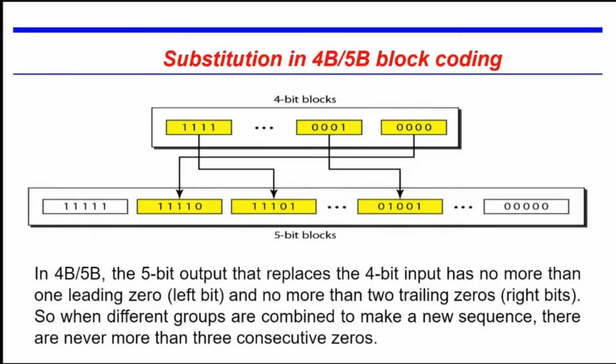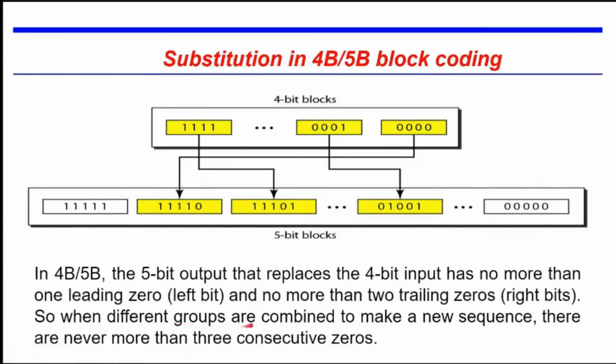So the substitution method in 4B/5B blocks is like this. Already I just explained. This block will be added with another one, an n-bit and an m-bit. In 4B/5B, the 5-bit output that replaces the 4-bit input has no more than one leading zero and no more than 2 trailing zeros.